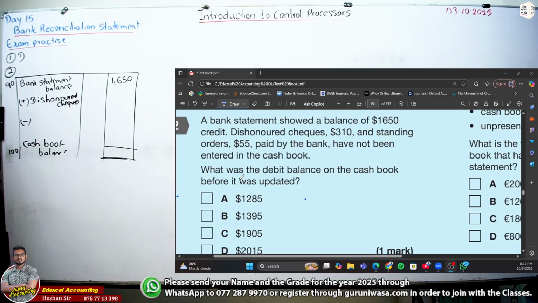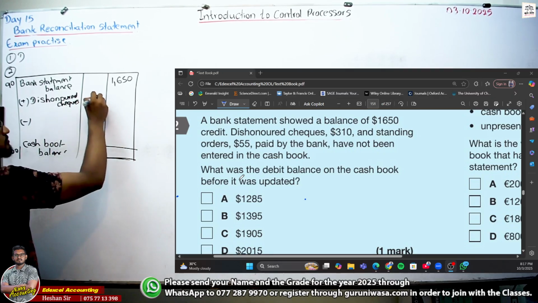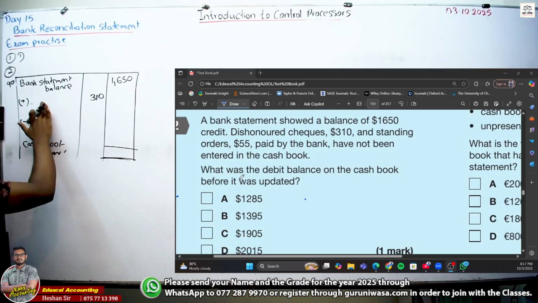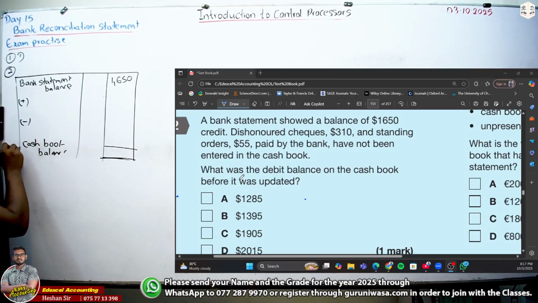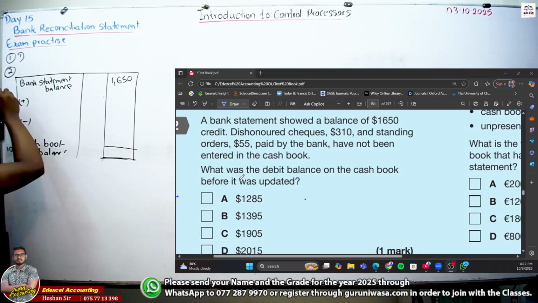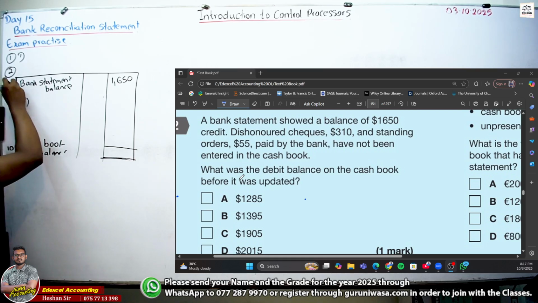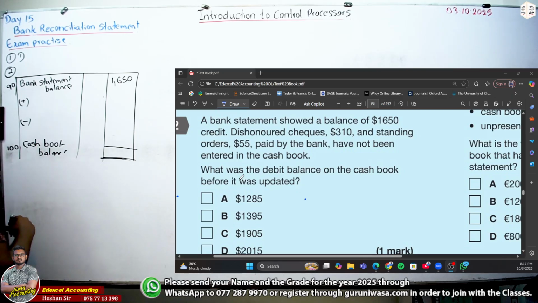How much? 300. Now when it comes to dishonored, in our cash book balance there is nothing, so bank statement no impact, so 90.